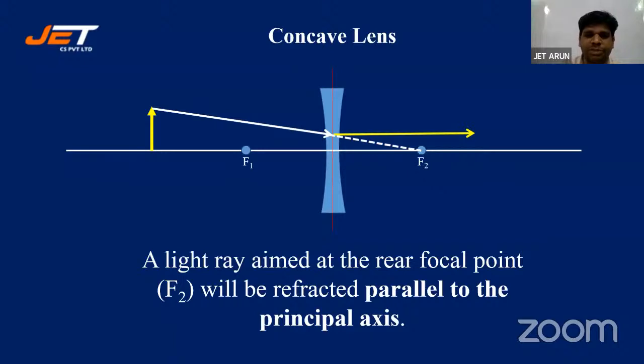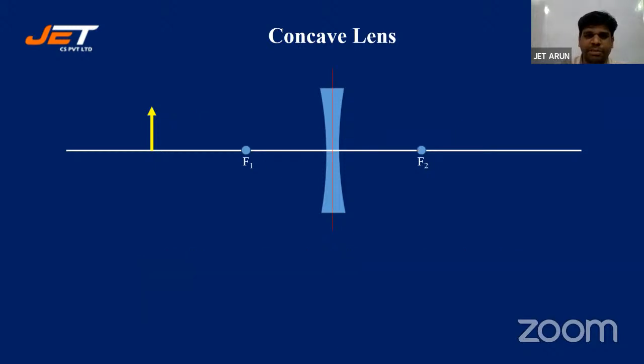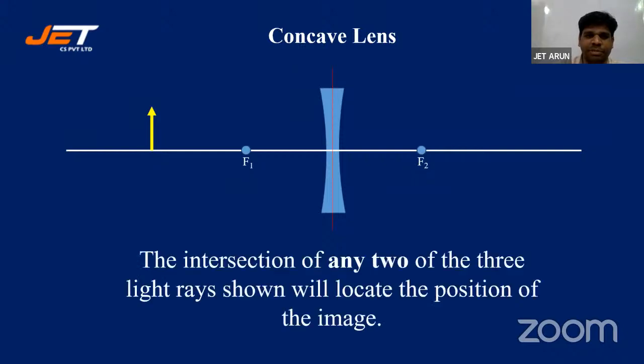Now, out of these three, I can use any two of these rays to form the image of the object. All right, now let's trace the image. The intersection of any two of the three light rays shown will locate the position of the image. Okay, excellent response.